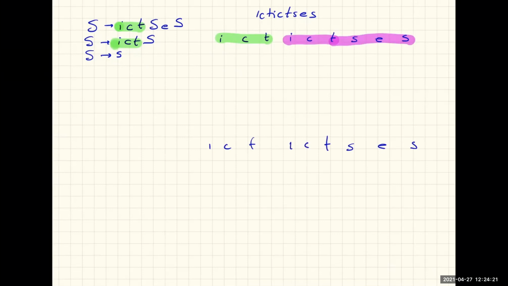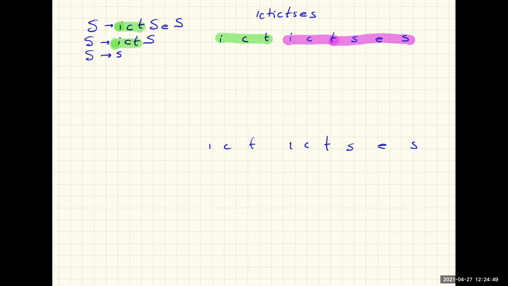Okay, so if we color this, we can see again that if we convert this part ICTS ES, okay, I think I cannot do it with colors. Let me just do the conversion of the symbols.